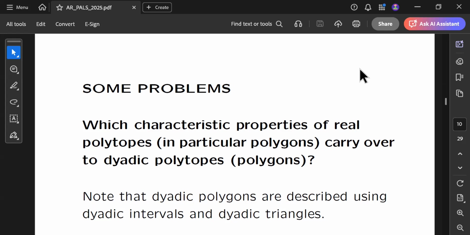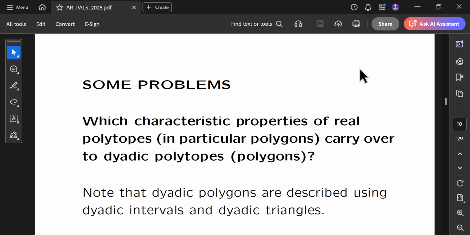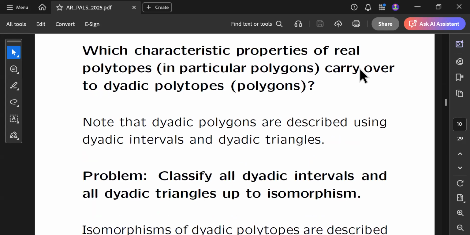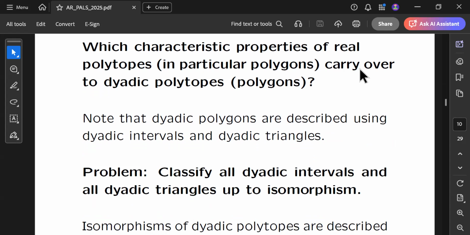Now, if you take a polytope in 2 dimensions, then this polytope consists of the interior and boundary. The boundary consists of maximal walls, and each maximal wall is a polygon. So there is an inductive procedure in building more complicated polytopes. The basic role is played by intervals and triangles. And so the next problem was to classify all dyadic intervals and all dyadic triangles up to isomorphism.